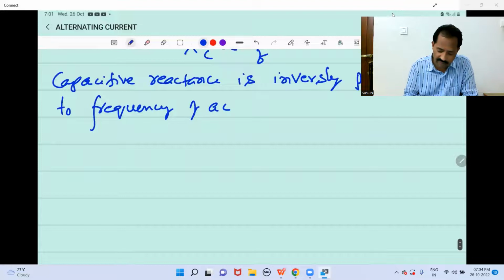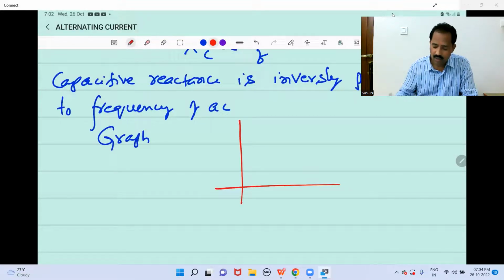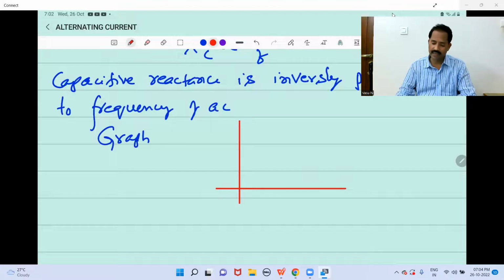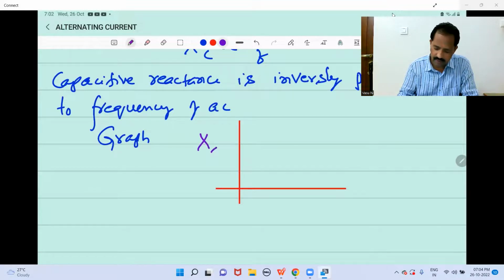If you plot a graph of XC versus frequency, this is XC, this is F. You will get a curve like this.